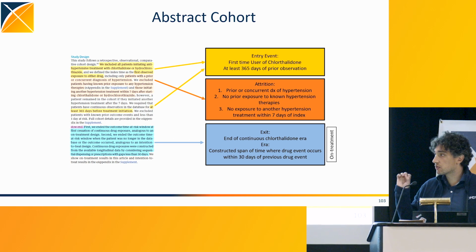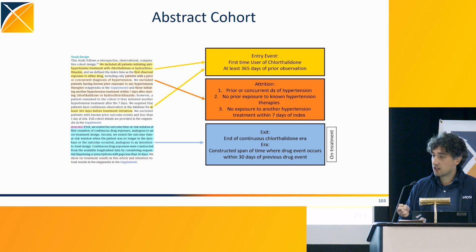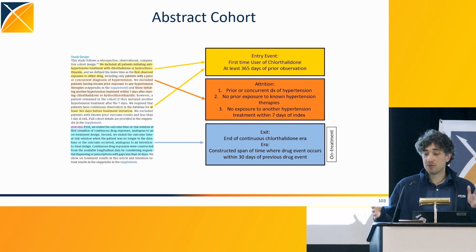Now the exit. This is something that's usually forgotten in cohort definitions, and I remember at one of the very first OHDSI symposiums that I came to, I always thought we just have the index and then we see the patients. But you also have to think about when we stop looking at them. That's super important when we think about our statistical models.